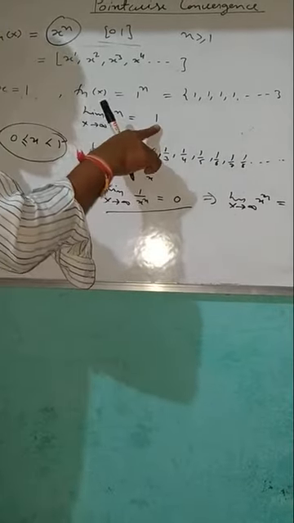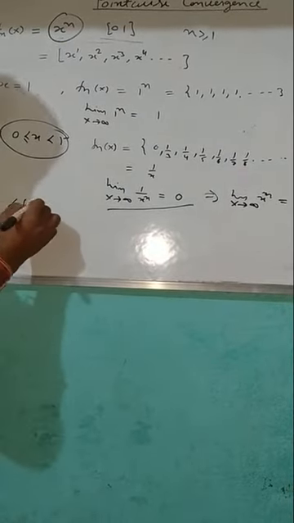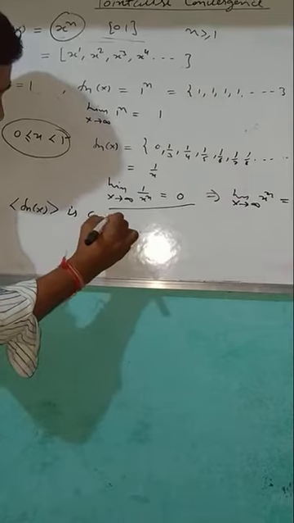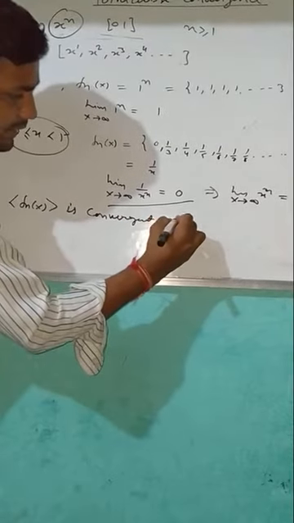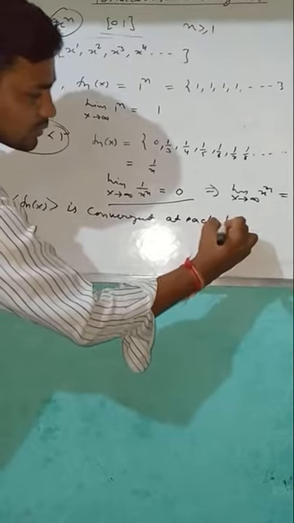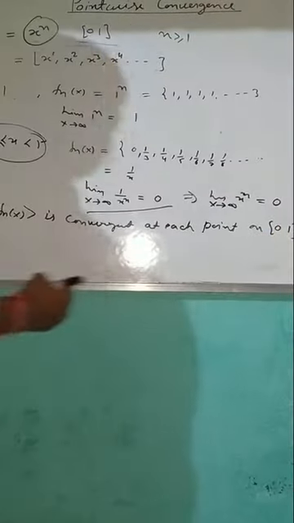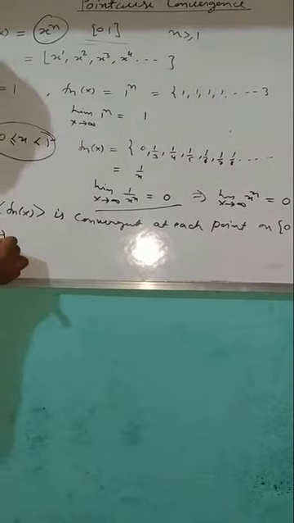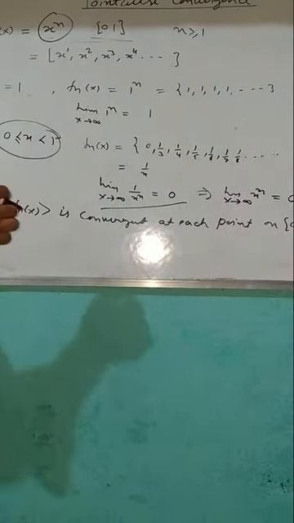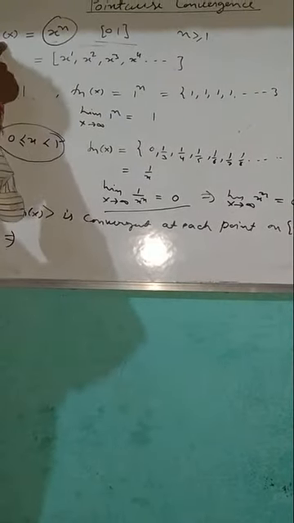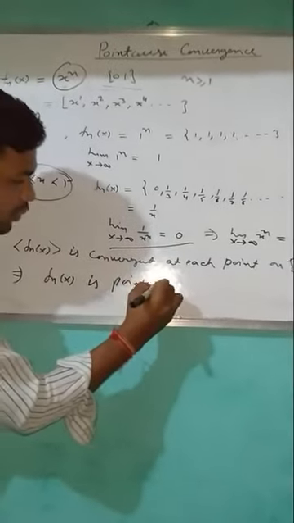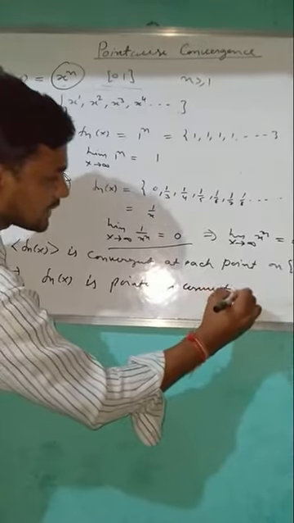This means the function f_n(x) is convergent at each point on the interval 0 to 1. This implies every point has a different limit. It means the function is pointwise convergent.